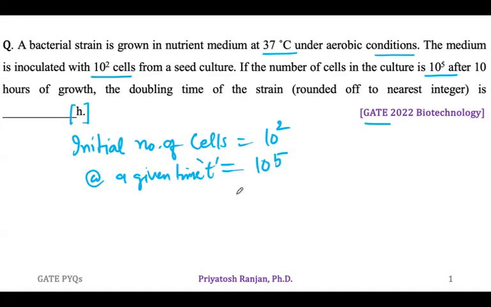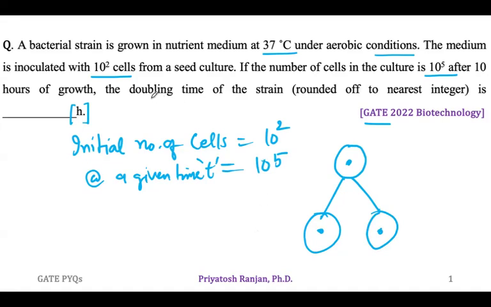Remember, bacterial cells use binary fission as a mode of asexual reproduction. Here, each bacterial cell replicates its DNA and splits into two daughter cells, and these two daughter cells are identical.